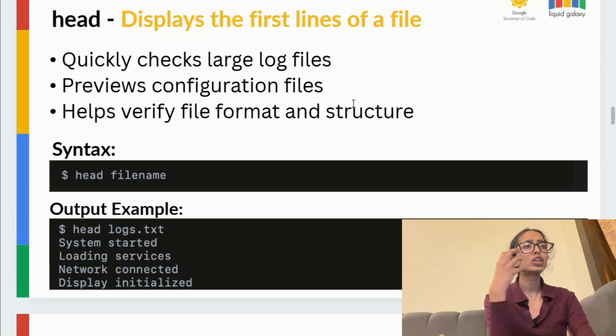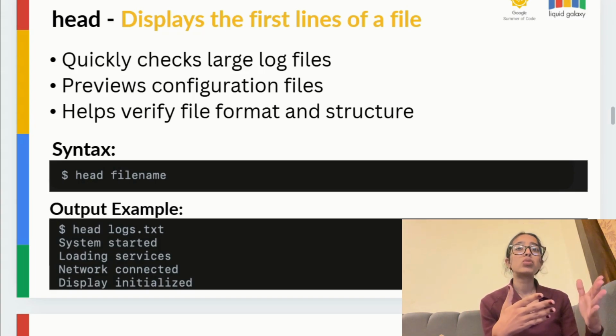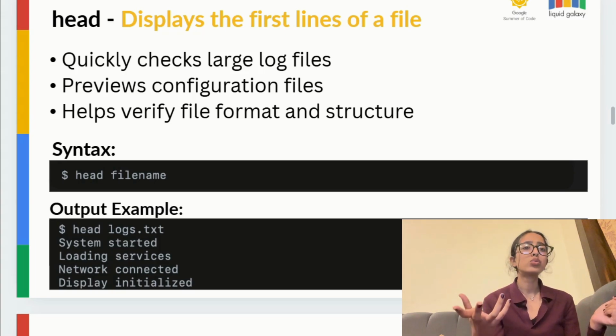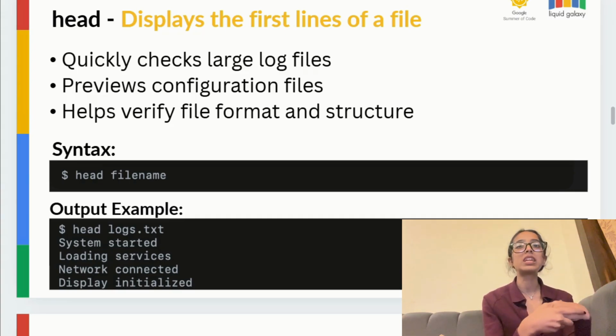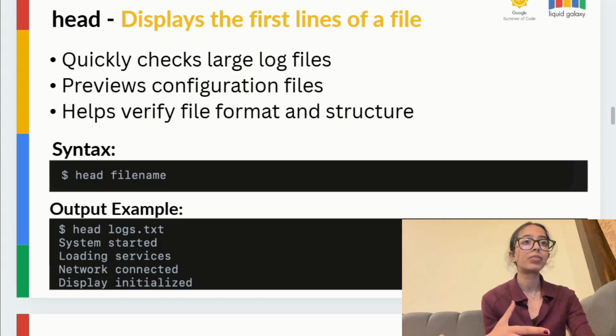Head displays the first few lines of a file. Now this brings us to a common problem. What if the file is very large? We can't use the normal cat because it just takes over the whole screen. So what if a file is very large and we don't want to see everything?